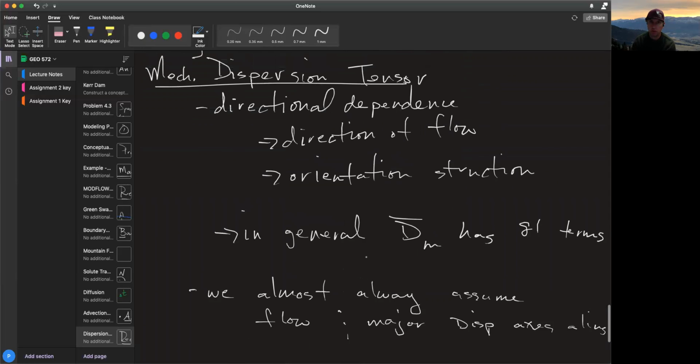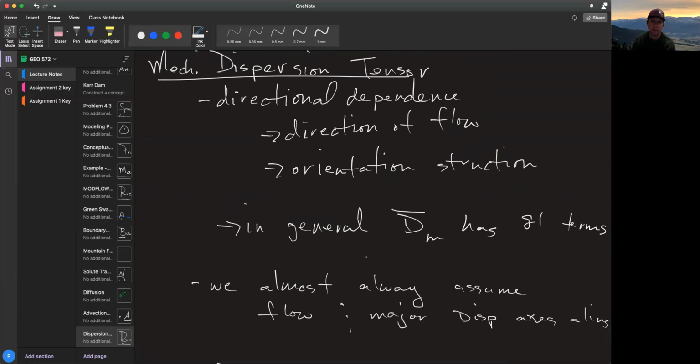Okay, so all I really want you to understand is that the dispersivity tensor is really complicated, and I don't want to get into the details of that because that's a lecture in itself or three. But it depends on the direction of the flow and the orientation of the geologic structure.